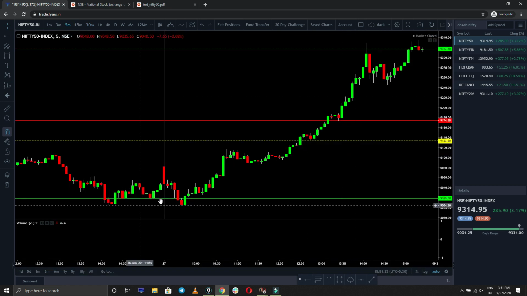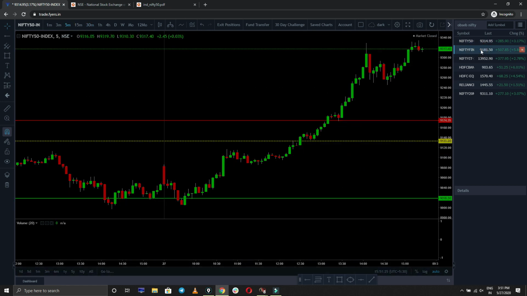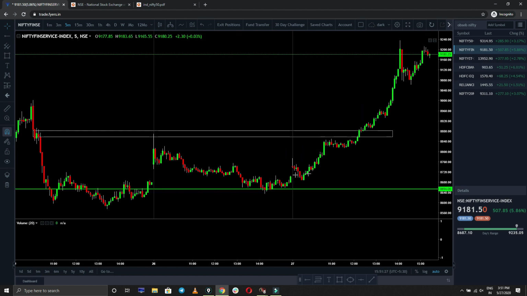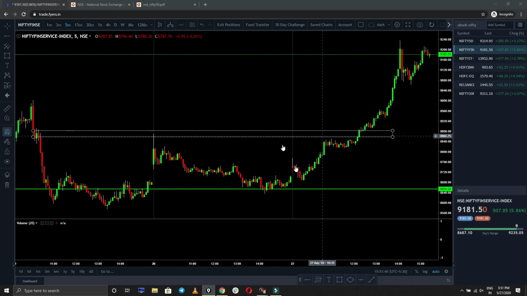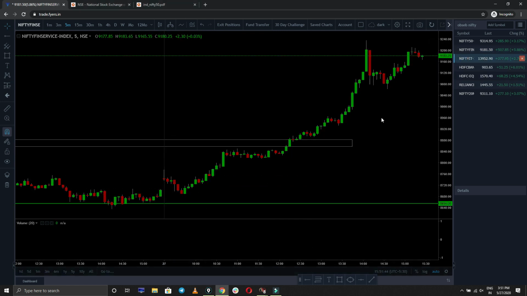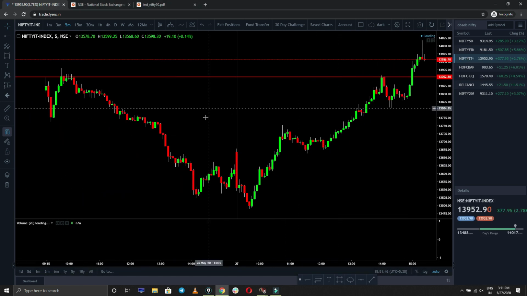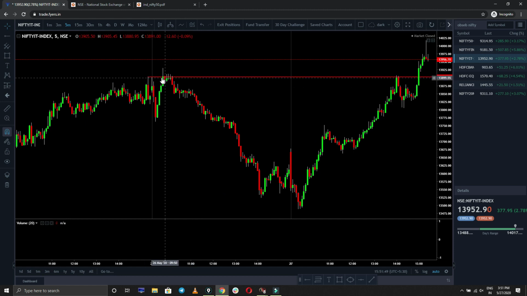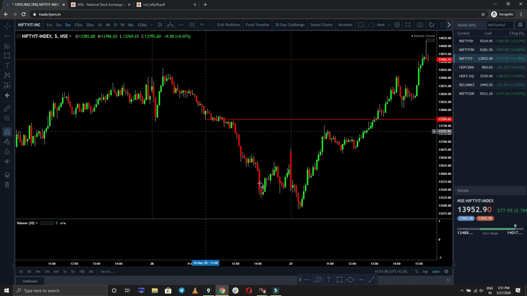Before entering here, we'll see Finnifty and IT. Finnifty didn't cross yesterday's low. Till it crosses and accepts above, we can say the market is negative. IT: yesterday we got a high rejection, today we got a low rejection.